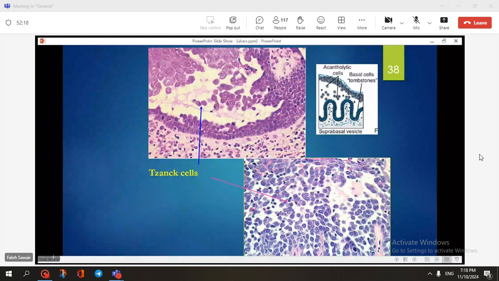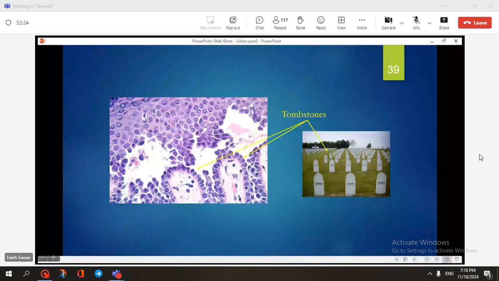They are called Tzanck cells. They can be seen within the fluid, within the vesicles. And the basal cells remain attached to the basement membrane, and they are called the tombstones, as you can see here.